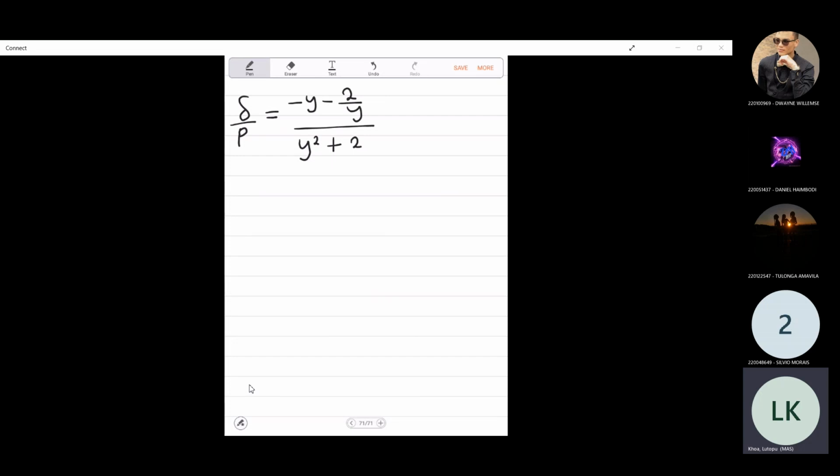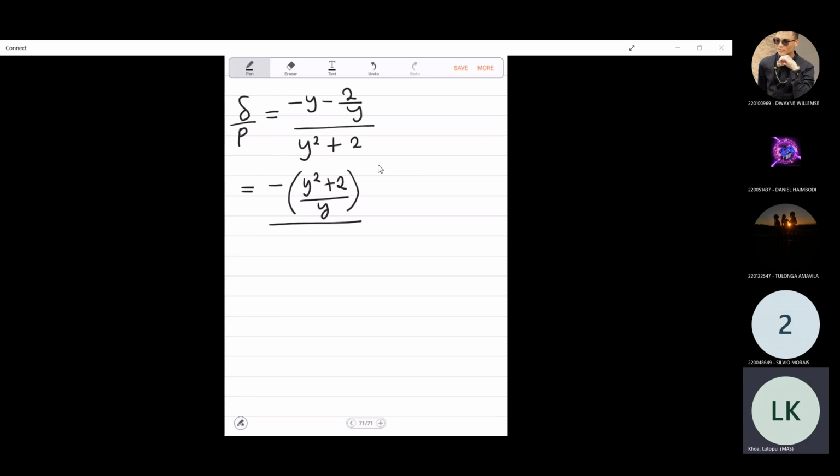So this is a function of y only. And therefore, we can work out the integrating factor. So let's simplify it first because we need to integrate this whole term here, e to the power of the integral of this. So we have negative, our numerator, y squared plus 2 over y.